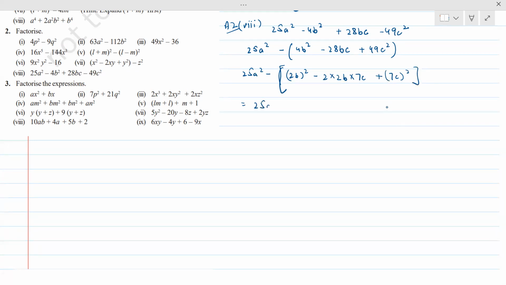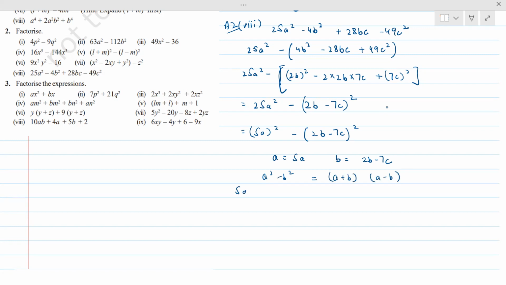So it will be 25a square minus 2b minus 7c whole square. Now again, a square minus b square, how? 5a square minus 2b minus 7c whole square. So a is 5a, b is 2b minus 7c, and a square minus b square is a plus b, a minus b. So it will give us 5a plus 2b minus 7c and 5a minus 2b plus 7c. This is the required answer.